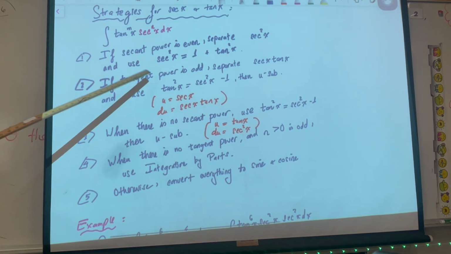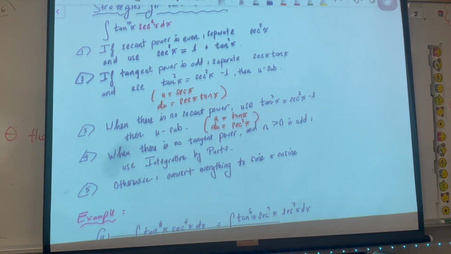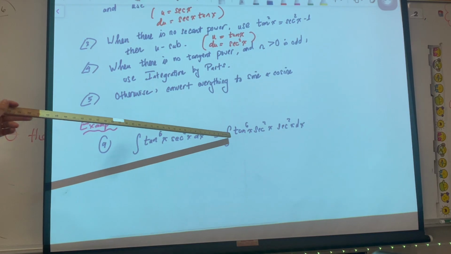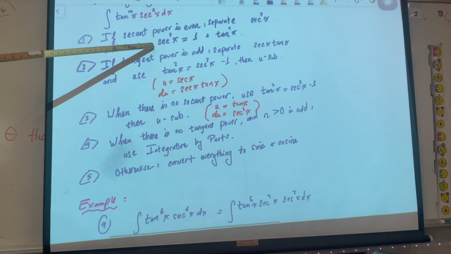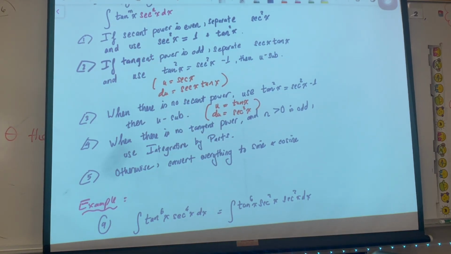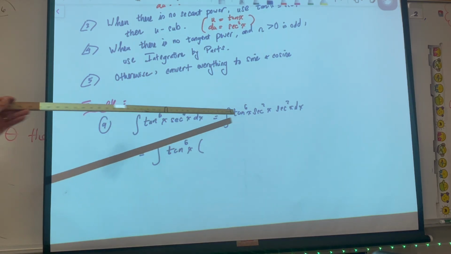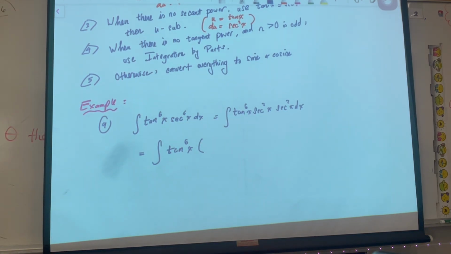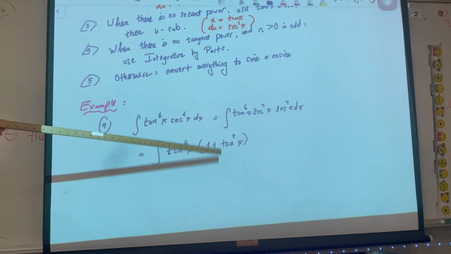So you're gonna convert everything to secant square equals 1 plus tangent square. Tangent 6 we keep the same, but one secant square becomes 1 plus tangent square, and then we keep the other secant square because that's going to be the derivative of tangent.